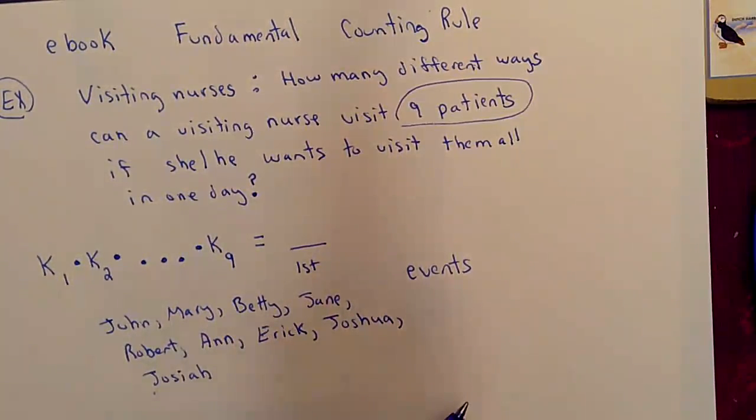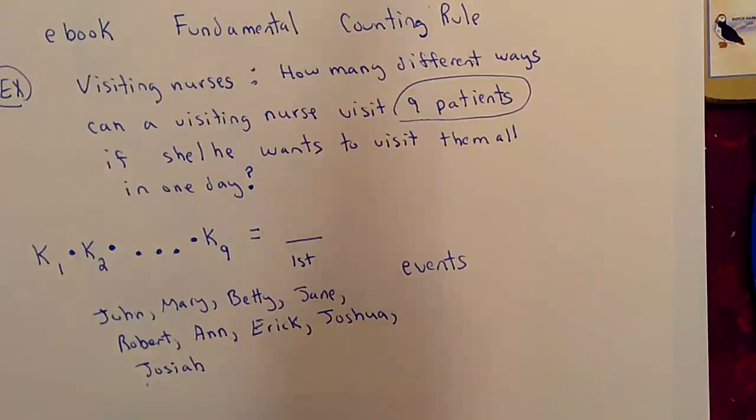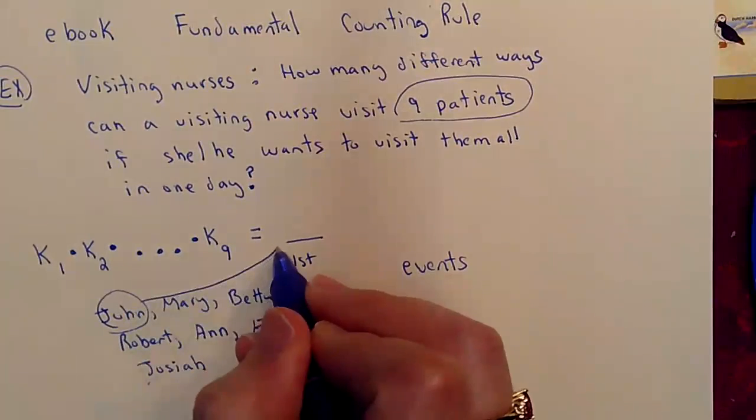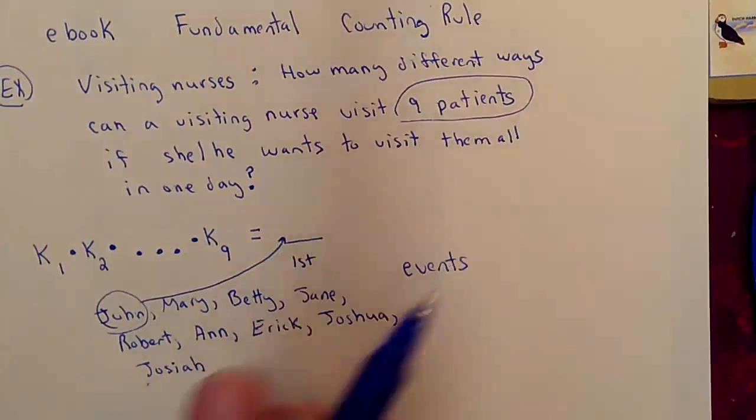Let's say these are your 9 patients. Once the nurse visits John on this first round, they have 9 to choose from.